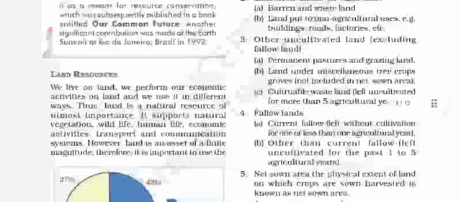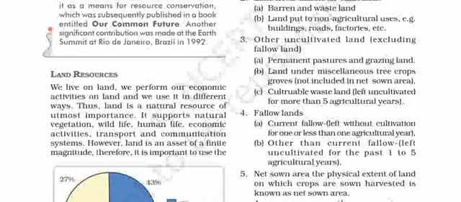Fallow lands: current fallow, left without cultivation for one or less than one agricultural year.